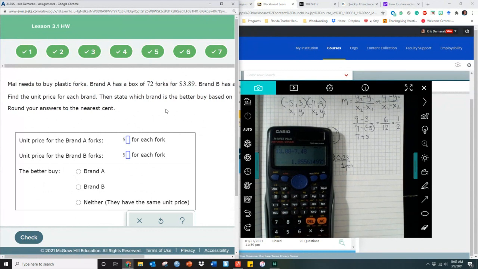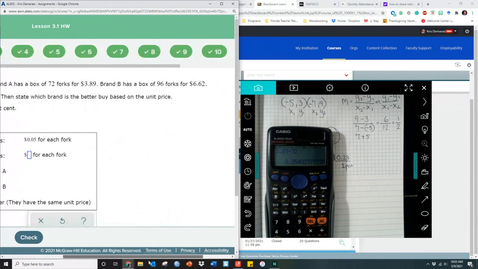Again, it's 3.89 divided by 72, because it's always price divided by unit, and then you get 5 cents for each fork.